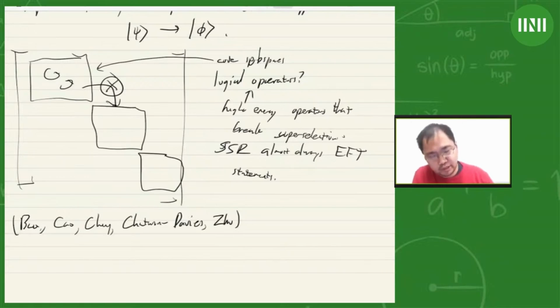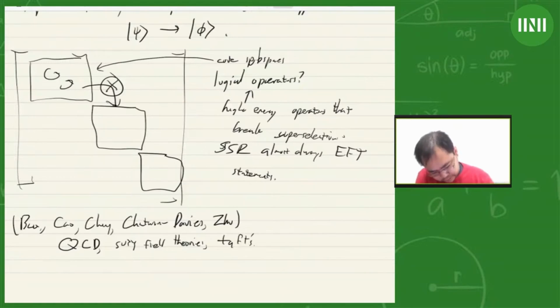We also discussed schematically, in some cases, and in detail in others, how this applies to certain famous cases where superselection exists. For example, QCD, or a simple model of QCD, supersymmetric quantum field theories, and TQFTs. For this audience, maybe I'll say a few words about supersymmetric field theories.